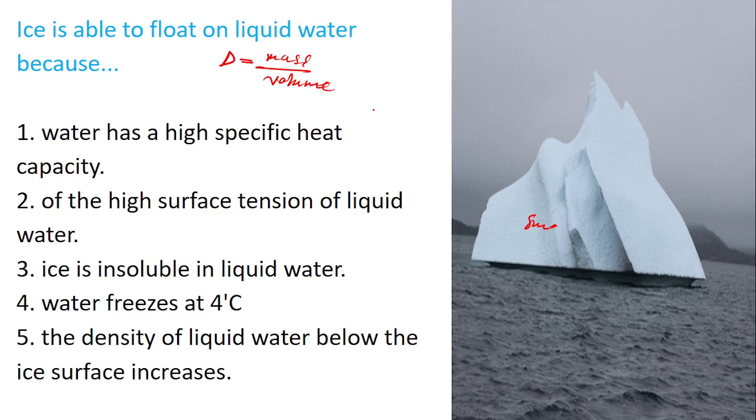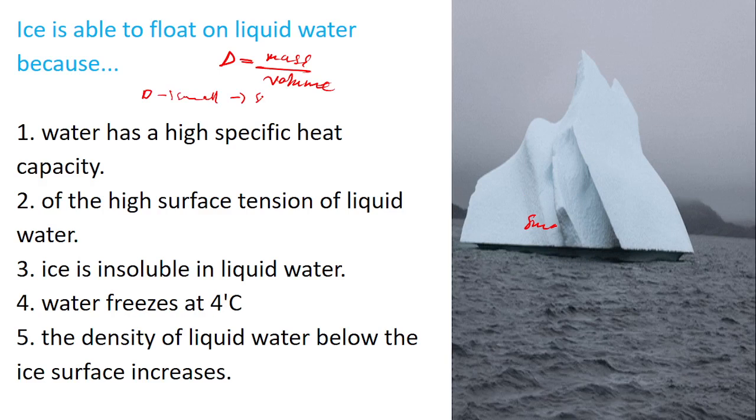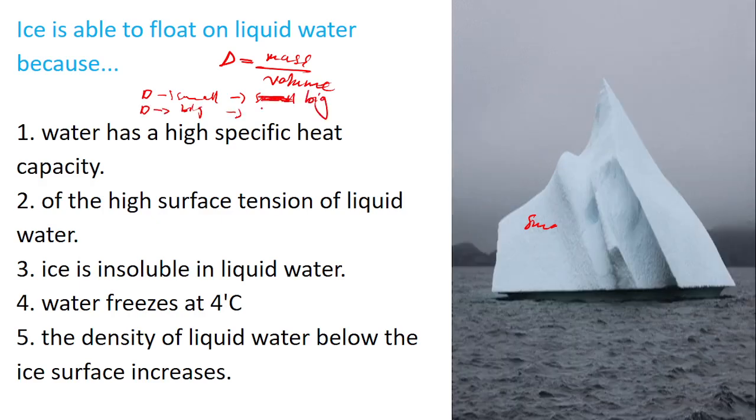For density to be small, then the volume has to be big, and for the density to be big, then the volume has to be small, because these are inversely proportional.